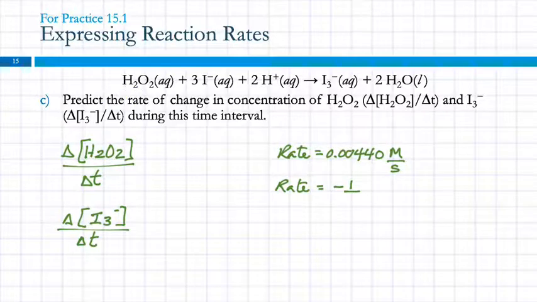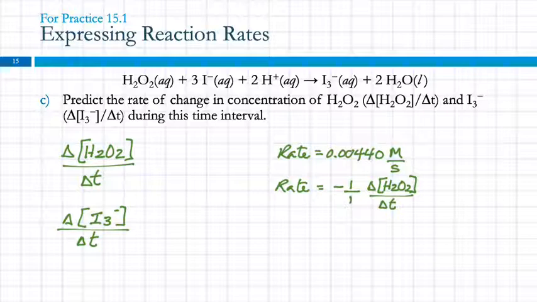For the H2O2 it's 1, times delta H2O2 divided by delta T. So the change in the H2O2 concentration is the same as the rate, it just has a negative, because the H2O2 is going away at a rate of 0.0044 molarity per second. Everybody okay with that?